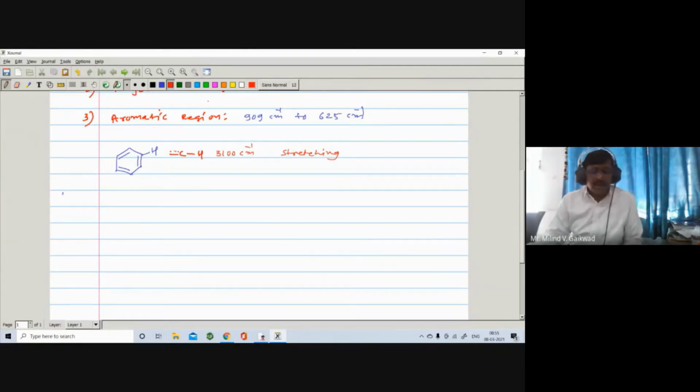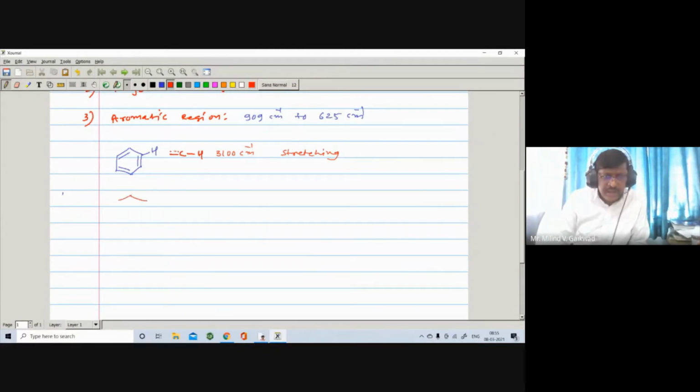If it is a monosubstituted benzene, for example benzene with a substituent Y, Y may be anything. For example, if Y is CH3 it becomes toluene, or phenol, like this one.